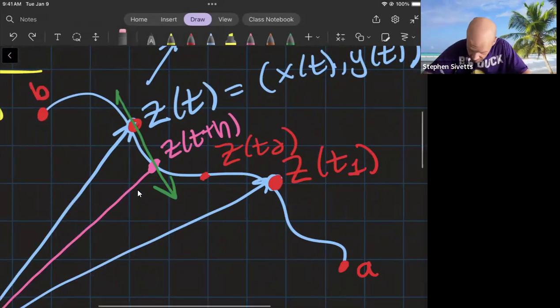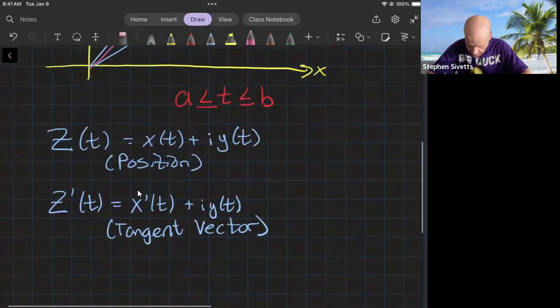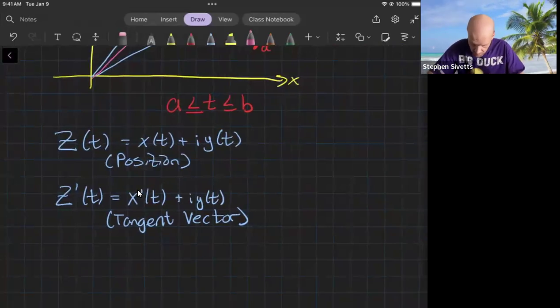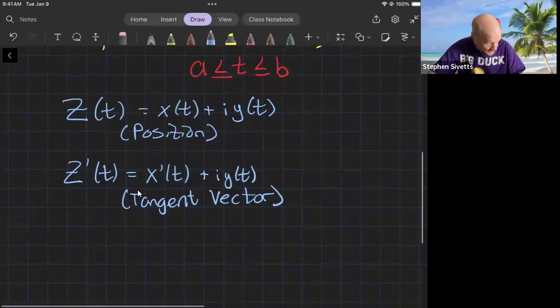And then we just let h go to 0. And if h goes to 0, that will indicate Z prime of t. All right, so that's what's called the tangent vector.